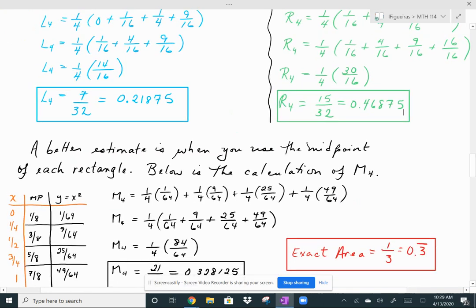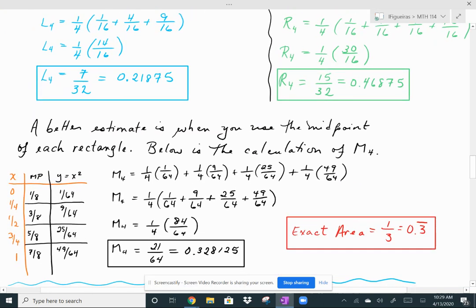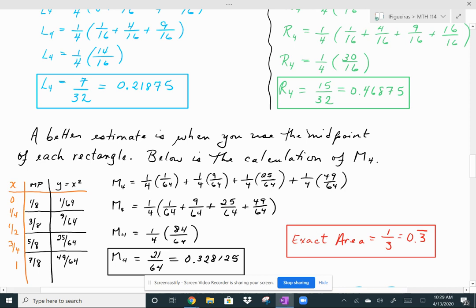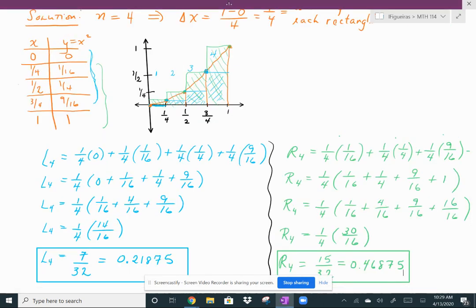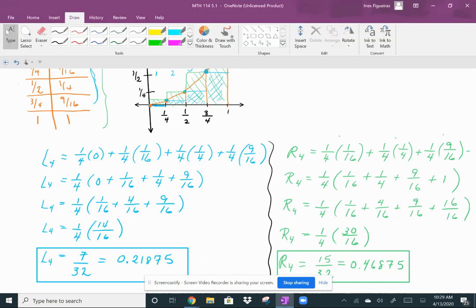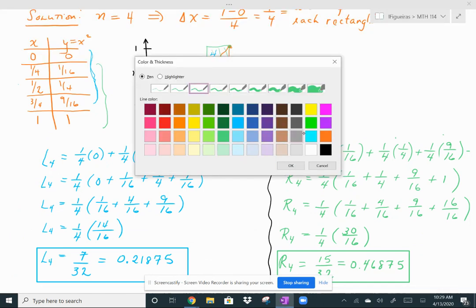A better estimate to use is what we call the midpoint of each rectangle. So in order to compute the midpoint of each rectangle, you have to go back to the original picture. And again, I'm going to switch just to a different color to be easier to read. I'll use purple.